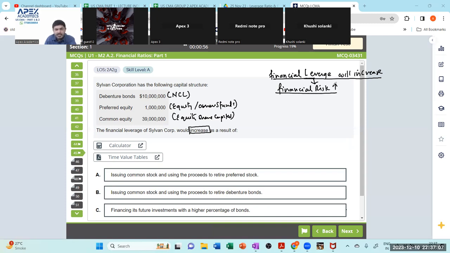When does financial risk increase? Financial risk increases when non-current liabilities or borrowed funds will increase, or equity is bought back and borrowed funds are as it is.